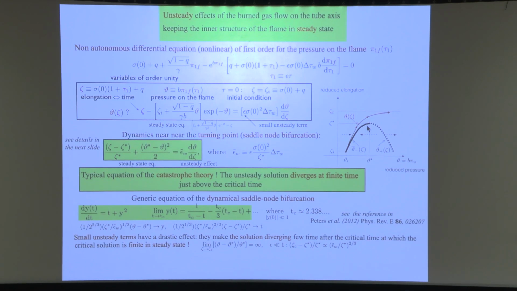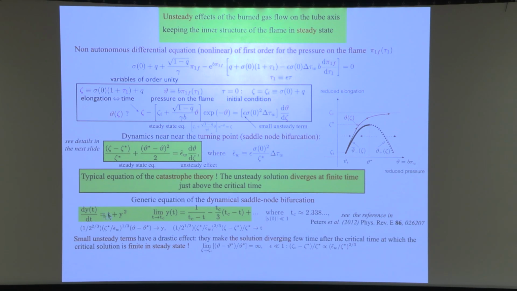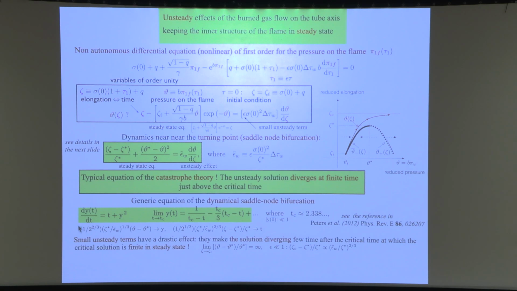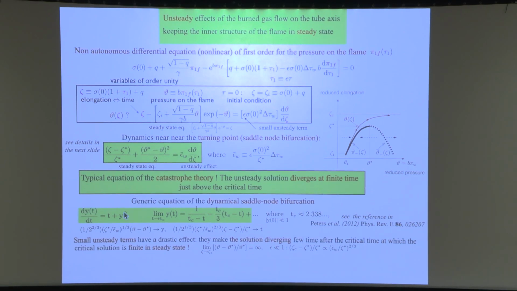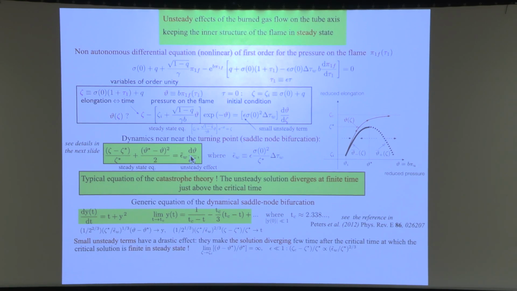Now, as soon as you take into account a small derivative term, it is no longer small, because I have scaled everything in such a way that the epsilon here is absorbed in the t. So it turns out that a small disturbance indeed changes drastically the solution.